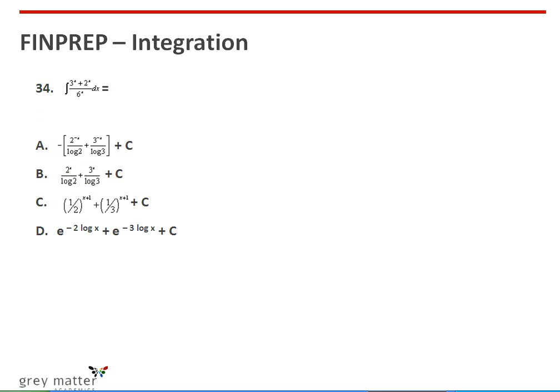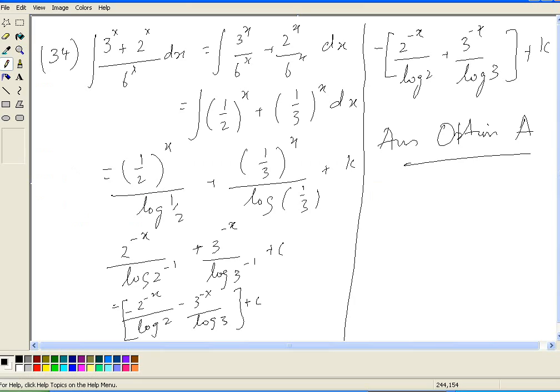34th problem, integral 3 power x plus 2 power x by 6 power x dx. Going to our worksheet, when you club it, you get it as integral of half power x plus half 1 by 3 power x dx, which is nothing but half power x by log 1 by 2 plus 1 by 3 power x by log 1 by 3 plus k.